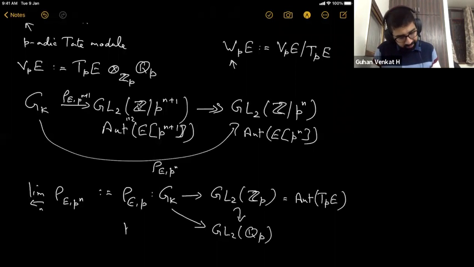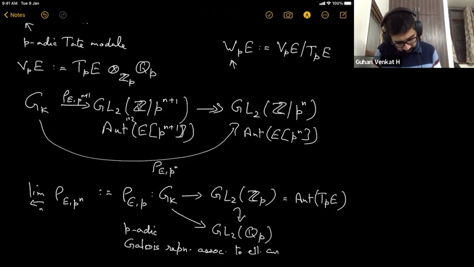So this is called the p-adic Galois representation associated to the elliptic curve. So obviously, the question is, what can we say about this Galois representation?